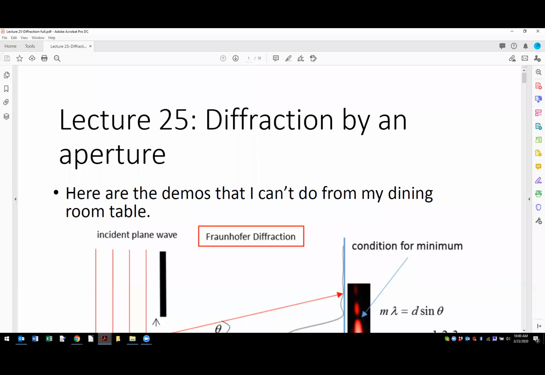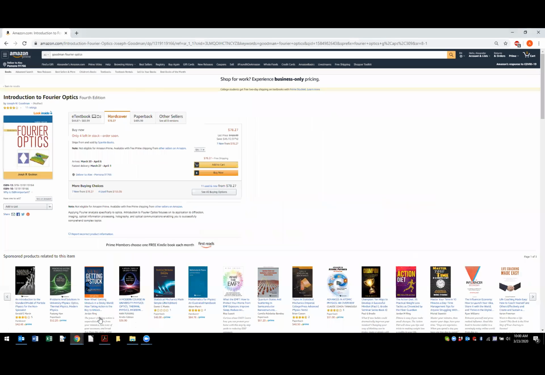Okay, first, like I said, nothing will ever stop me from talking about books. We're going to be starting to talk about why it is that these integrals of exponentials keep showing up in optics. And we're going to be doing a much simpler version of it. But if you really want to learn about why these integrals of complex exponentials show up in optics, I like this book, Intro to Fourier Optics by Goodman. I studied from it when I was a sophomore.